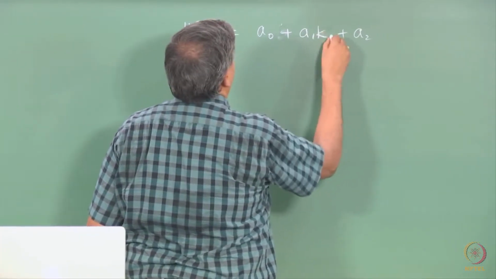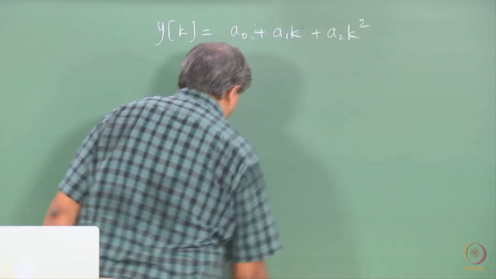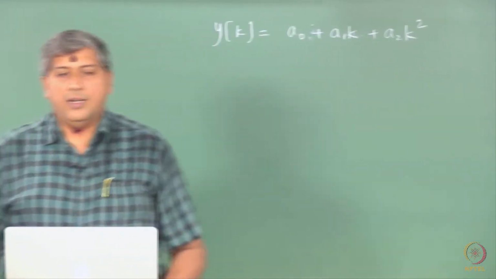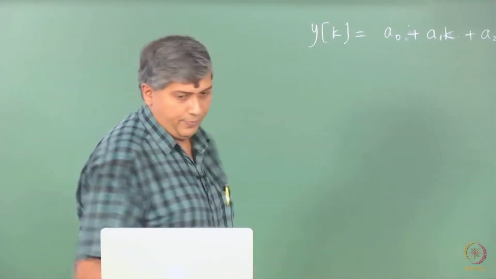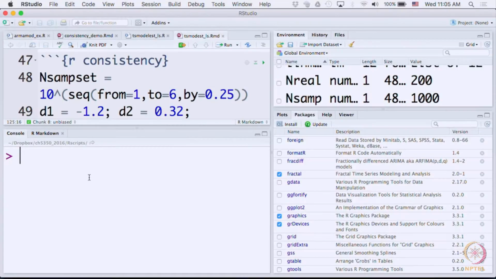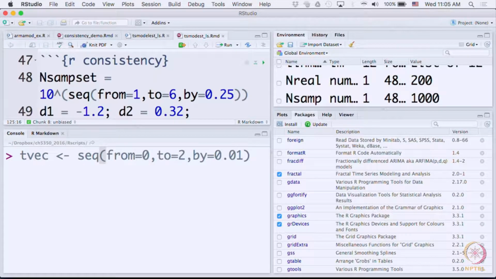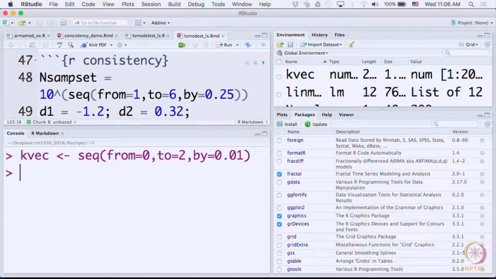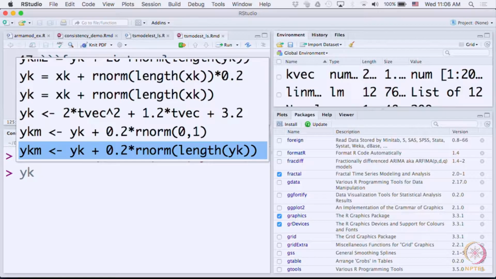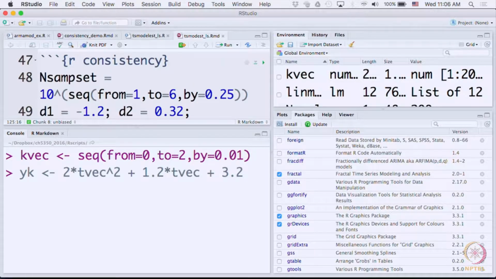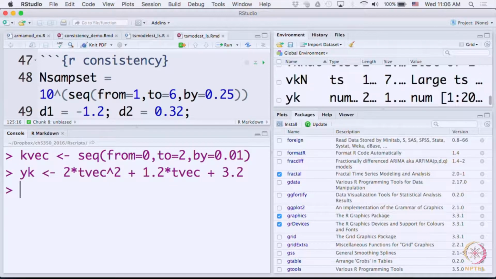In fact, let me say k here, it's k square, and what we will do is generate the time vector first. I am going to call this k vec, and then let us generate yk. I have just arbitrarily chosen the values of a naught, a1 and a2. Of course, it is a quadratic.